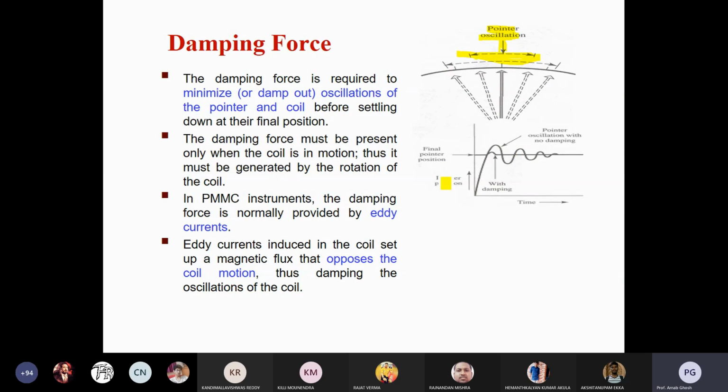So what are the important points of the damping factor? First we need to know the important points. The damping force is required to damp out the oscillations of the pointer and the coil before settling down to the final position. So first you have to remove the energy storage, whatever sources are there, like a battery or fuel cell.